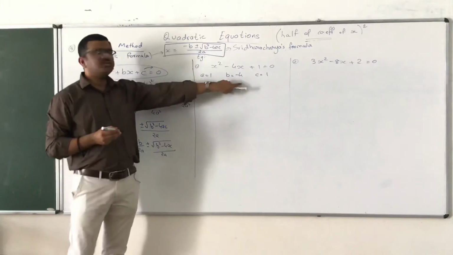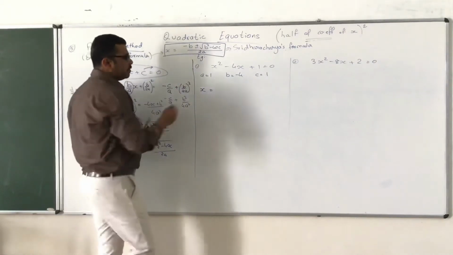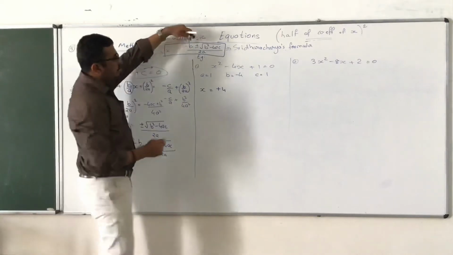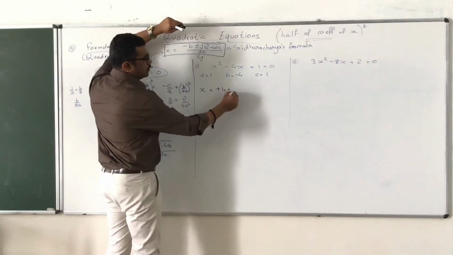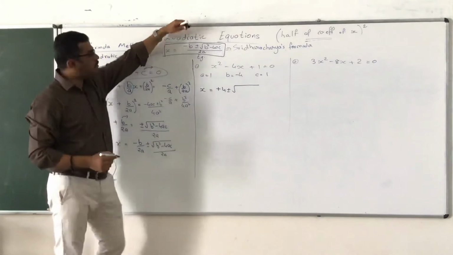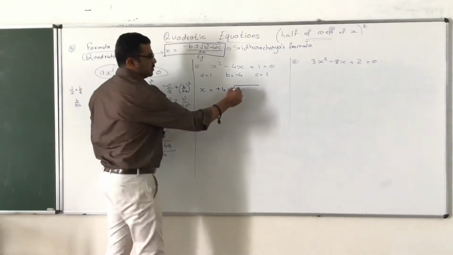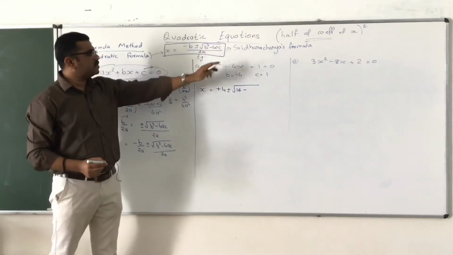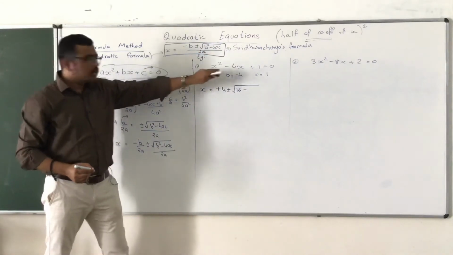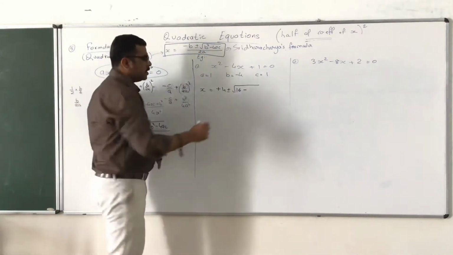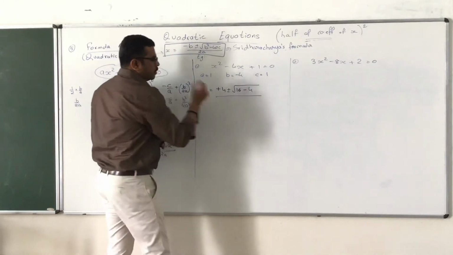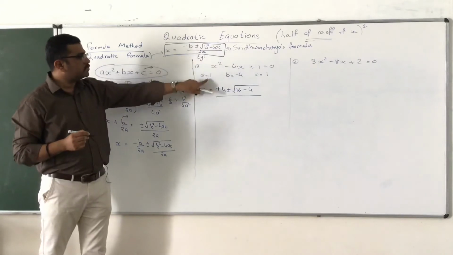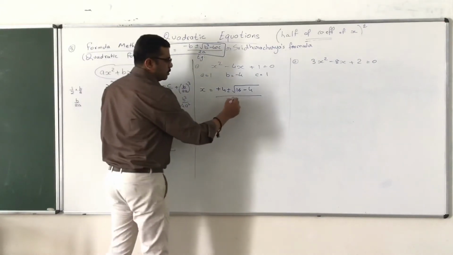Now b is negative 4, so negative b will be positive 4, then plus or minus square root of b squared, that is 16, minus 4ac, 4 times 1 times 1, so that is 4, everything divided by 2a, that is 2 times 1, that is 2.